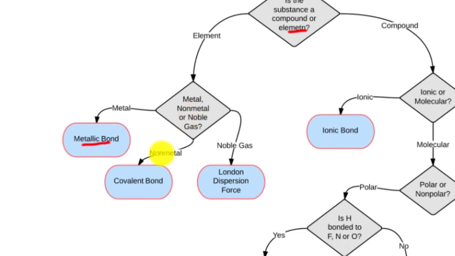If it's a nonmetal, then we say it's covalent bonding. An example of a metal would be copper, and an example of a nonmetal would be carbon. If it's a noble gas, something like helium or argon, it falls into the category of London dispersion forces. That's what holds together helium and argon.